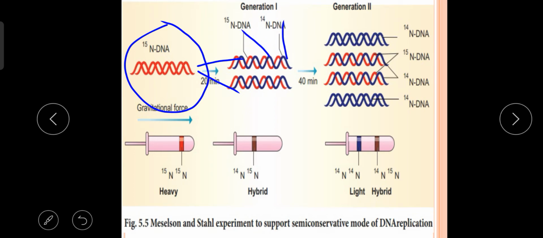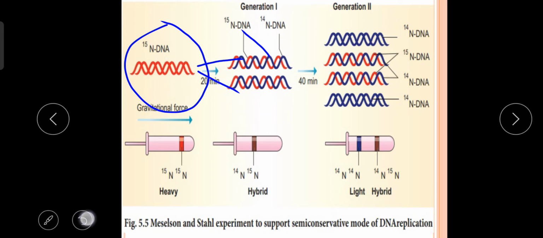You can see clearly here, the red one is the parent DNA, that means the 15N DNA, and the blue one is the 14N DNA. Both new DNA molecules consist of one red strand and one blue strand. The blue one is the new and the red one is the parent strand, and the parent means the 15N and the new strand is the 14N. Yes, this is in the first generation.